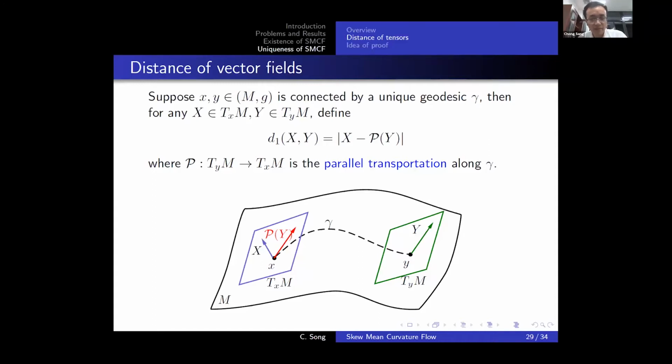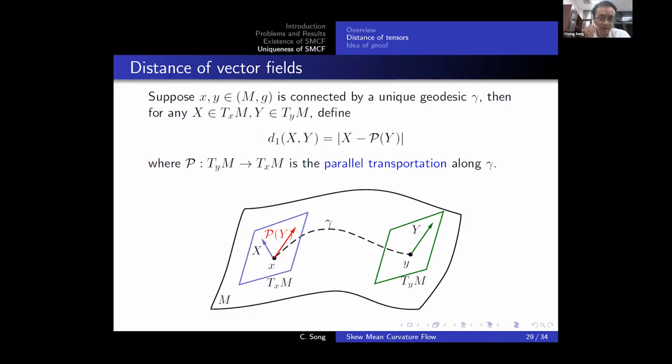So the intrinsic way, without embedding M into a larger Euclidean space, is to find a geodesic between the point X and Y, and then parallel transport one of the vectors, say Y, to the tangent space of X, and then define the difference of X, Y by computing the difference of X and the parallel transported Y. Okay, so now they are in the same tangent space.